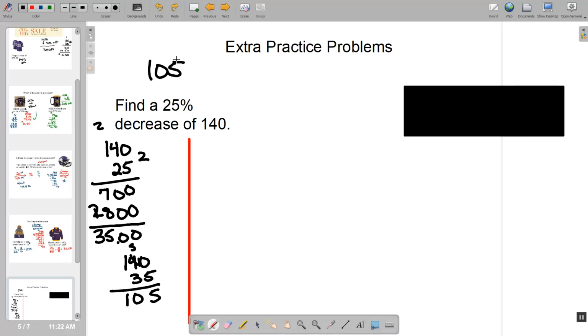Now, the other strategy is we kind of try to skip this step by thinking about if we start at 100% and we decrease by 25%, what is left? Well, what's left is 75% of the original number. Therefore, we will do 140 times 75%, and it should give us our answer down here on the bottom.